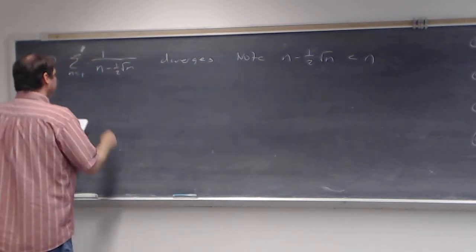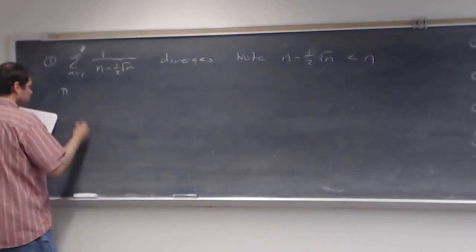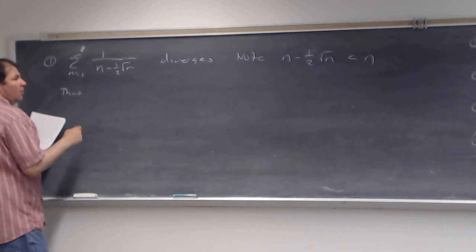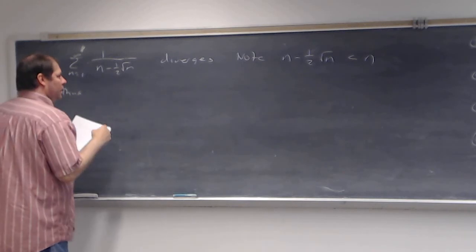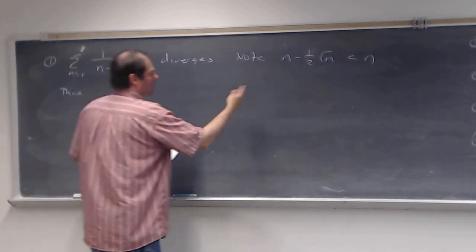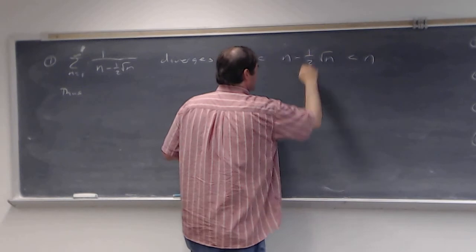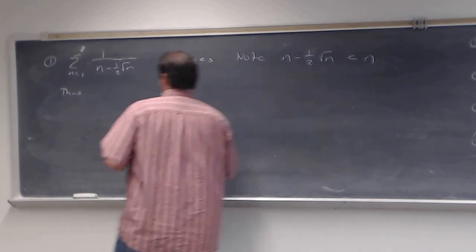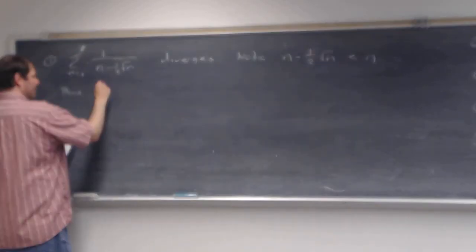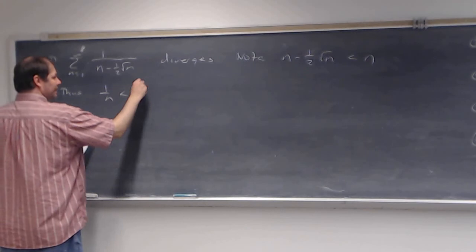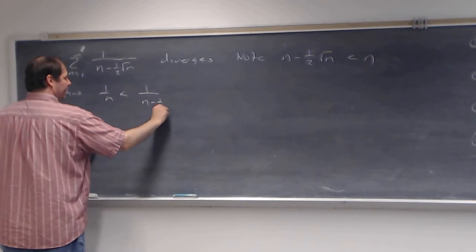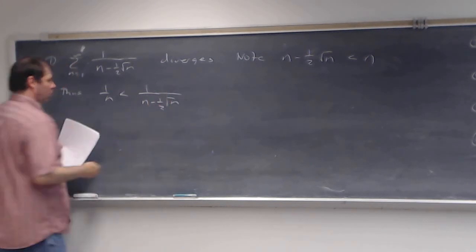So n's bigger. Thus, it turns out for all natural numbers, n is going to be bigger than this number. So both of these quantities involved are positive. And so what we have is 1 over n is going to be less than 1 over n minus 1/2 the square root of n.